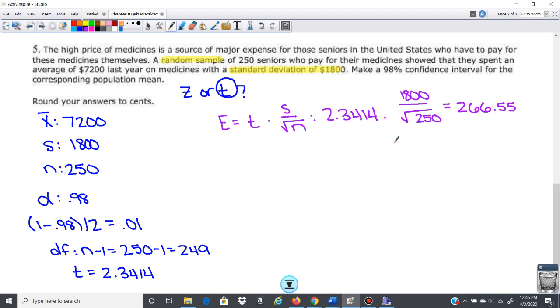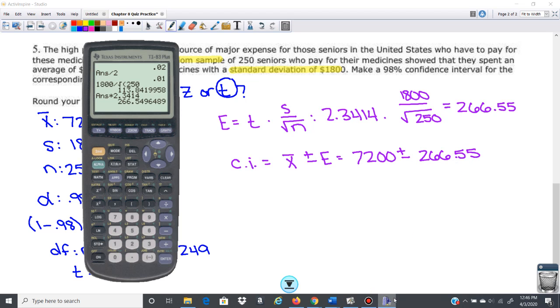Okay, so our margin of error is 266.55, and our confidence interval is going to be given by X bar plus or minus our margin of error. So our X bar is 7,200, and we're going to go plus or minus our margin of error, 266.55.